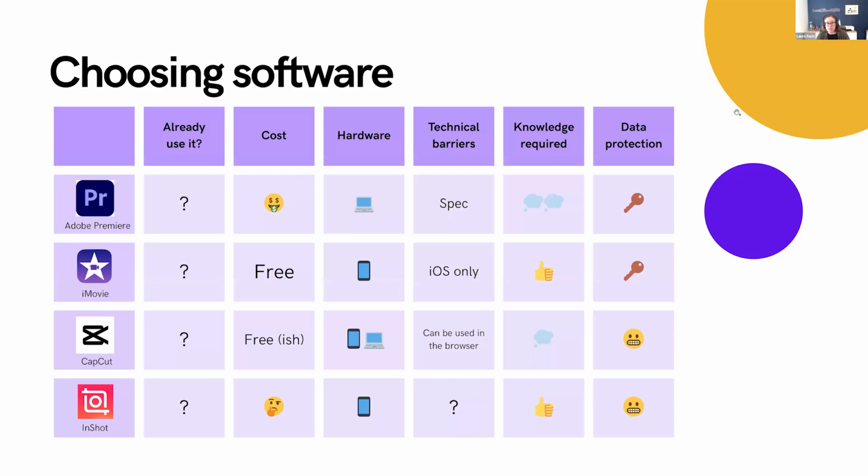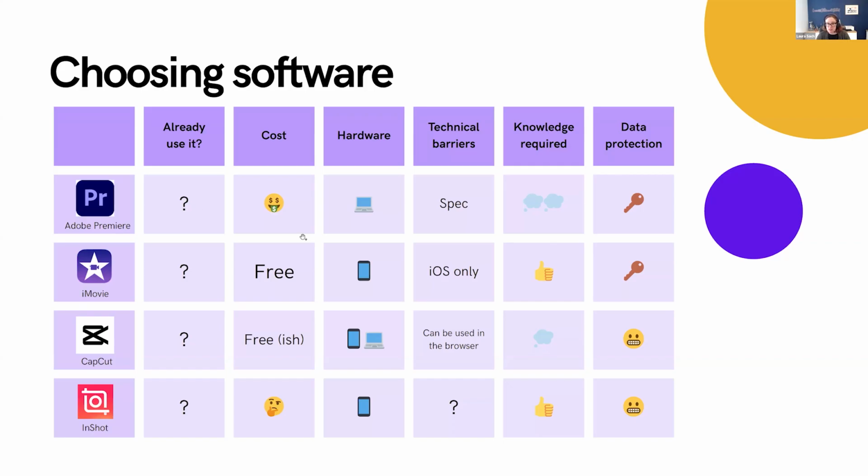This is a table that I've drawn up, which is to do with video editing software, because I know that a lot of different people are using different things, and they're not necessarily the things that I would be using in my personal life compared to what the students are using. So a choice might be something really proprietary, such as Adobe Premiere, which maybe, if you're very lucky, your school has.